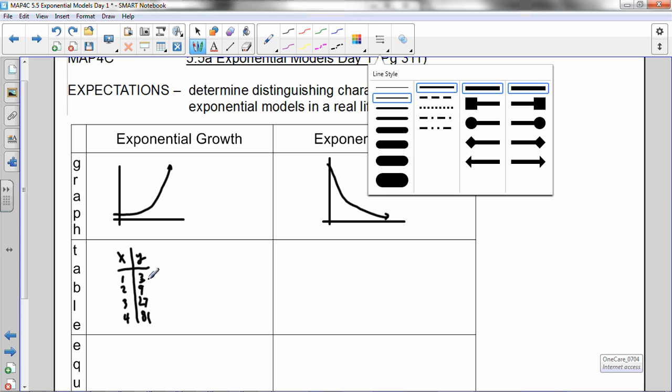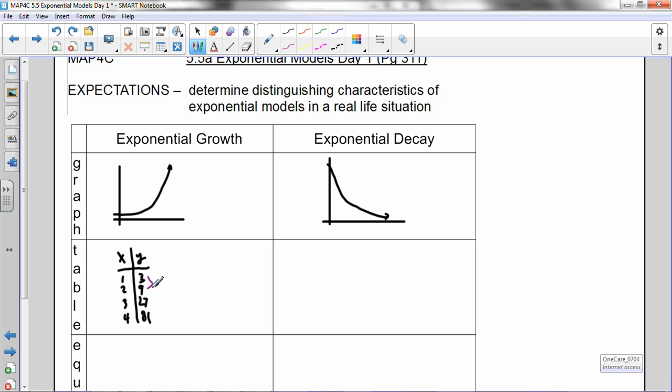But how am I getting the next value? I'm multiplying, right? So it's not that there's a common difference. There's a constant ratio between terms. And the way I could find it, I see I'm just multiplying by 3, but if I couldn't see that, I'd go the second one divided by the one before it, and each of those is a constant ratio of 3. Constant ratio.